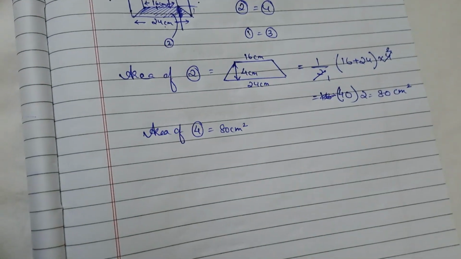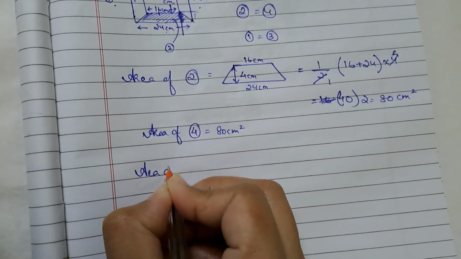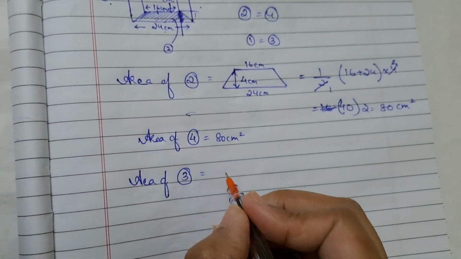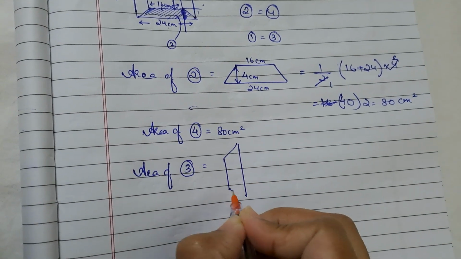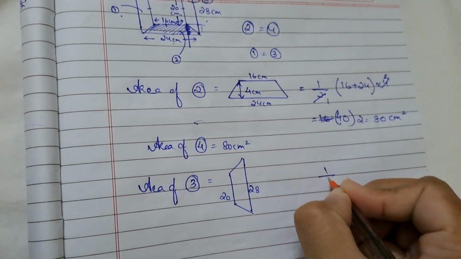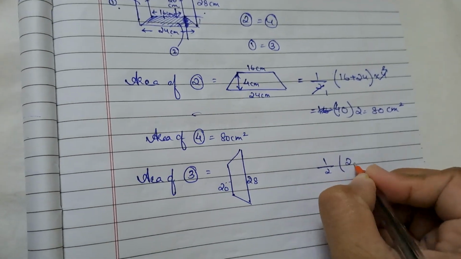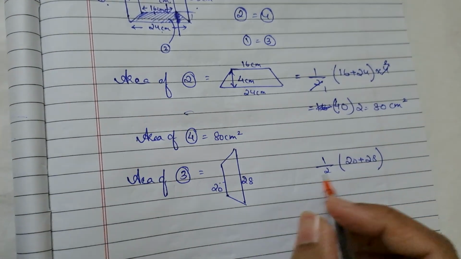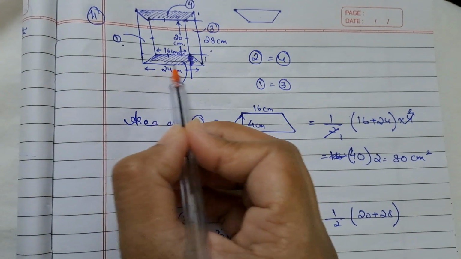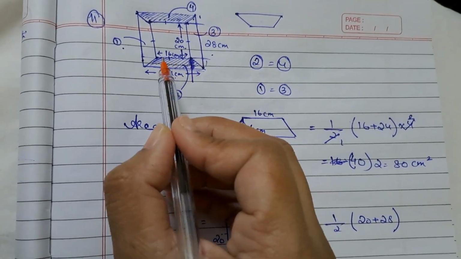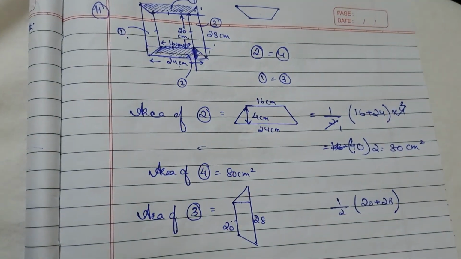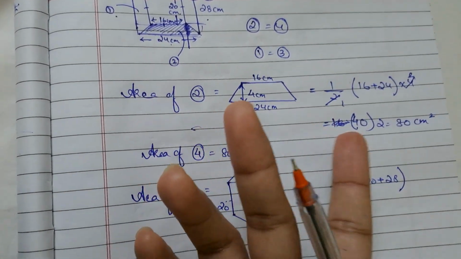अब मुझे निकालना है area of 3. Area of 3 is equal to, I know the shape is given to me like this. 28 here, 20 here. Writing it down in the formula, these are the parallel sides. So 20 plus 28 comes here. How about this height now? अब देखो, यहाँ से यहाँ तक पूरी 24 है. उस 24 में से अगर मैं ये माइनस कर दूँगी 16 को, so 24 minus 16 कितना हो जाता है?